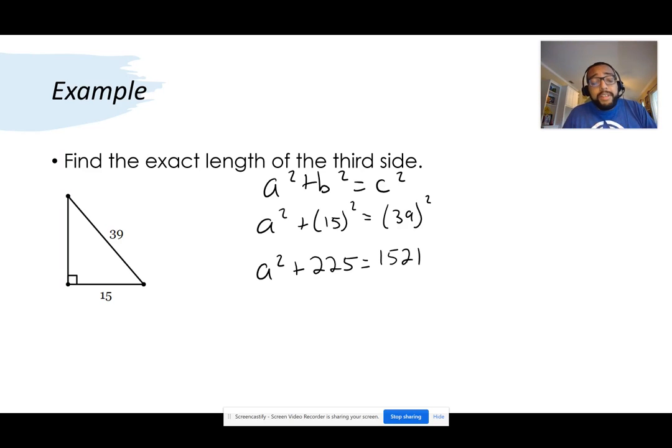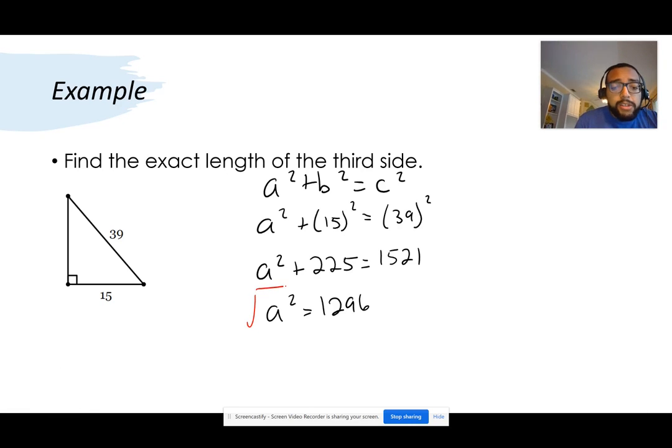So here I'm going to do 1521 minus 225. So yeah, it's 1296. Is that a perfect square? If you don't know, plug it into your calculator. It doesn't hurt.